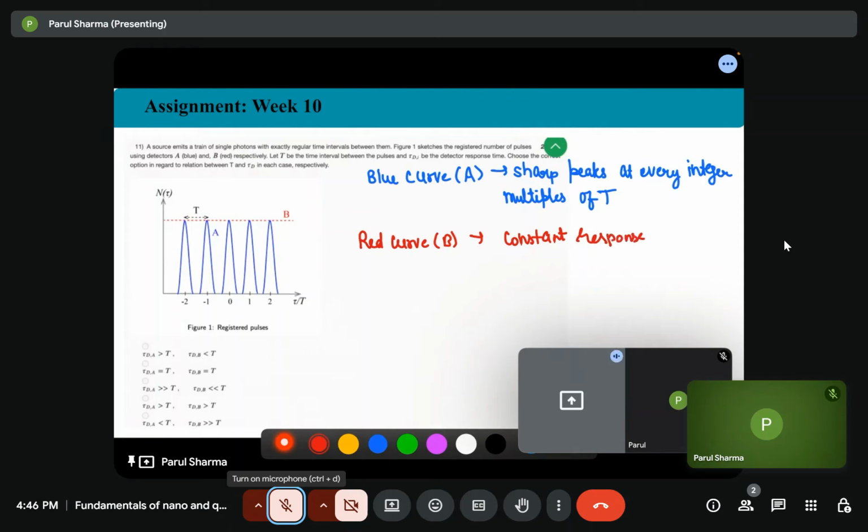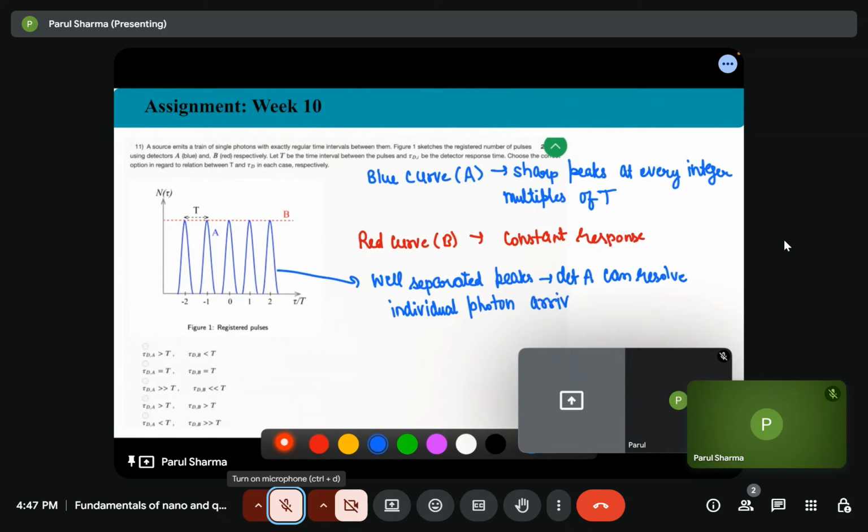So it means the blue curve shows well separated peaks, aligned with the photon pulses, that is, detector A can resolve individual photon arrivals, that is tau dA is lesser than T. That is, the response time is much smaller than the pulse separation.